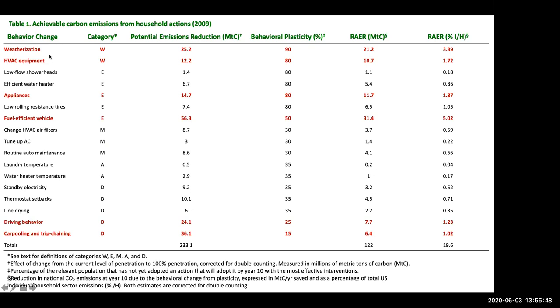Weatherization, heating and cooling equipment, the appliances, electric vehicles, and driving behavior, how much you drive, whether you can carpool. So again, driving behaviors, home appliances, weatherization. These are basically the top 5 behaviors among all kinds of behaviors to reduce carbon emissions. This is from 2009 and it still applies today.